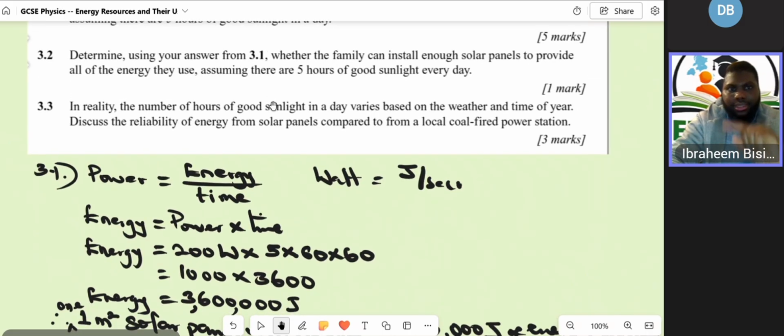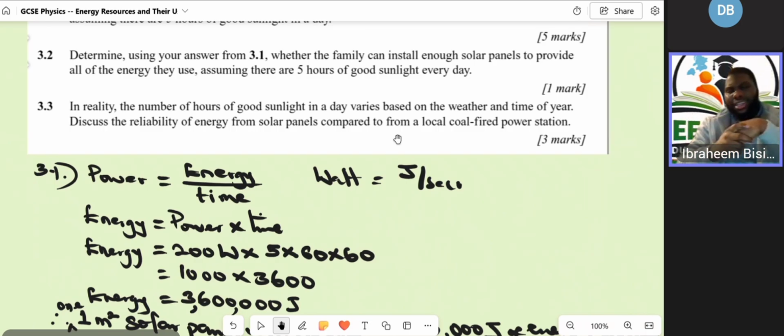So that's the explanation. In reality, the number of hours of good sunlight in a day varies based on the weather and time of year. Discuss the reliability of energy from solar panels compared to from a local coal-fired power station.